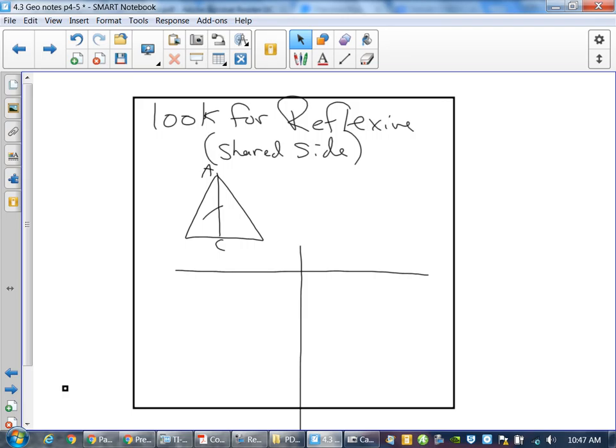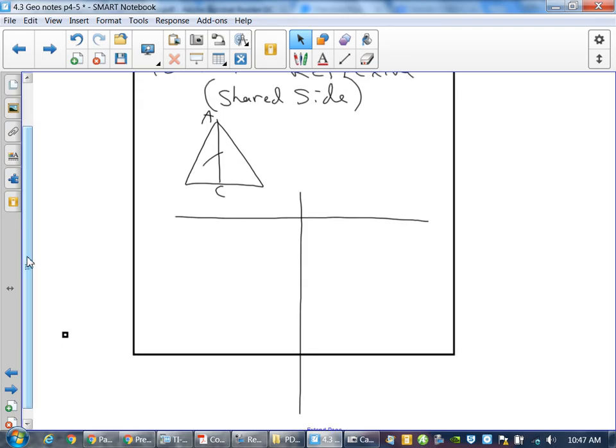When you write this into a proof, in order to use this, you would say this: AC is congruent to AC. And the reason is, quite literally, reflexive. That's all it is. When you need to define that something is there, you just say it's congruent to itself.